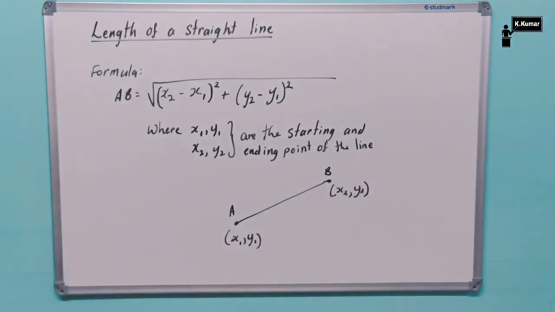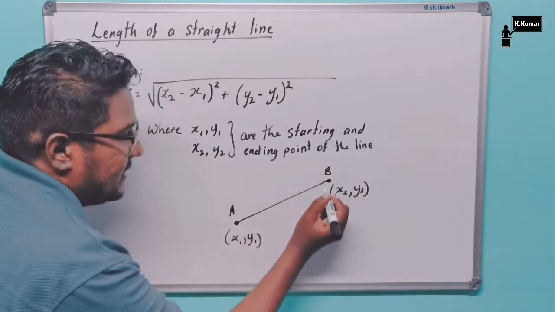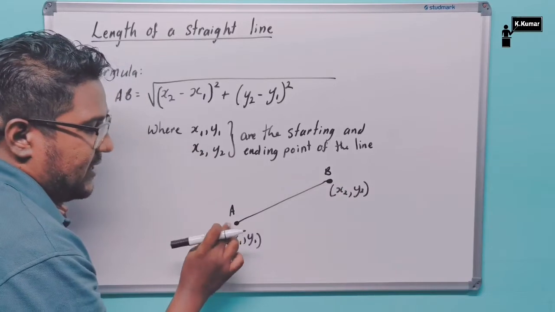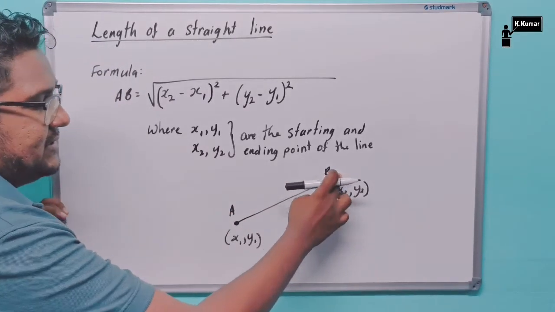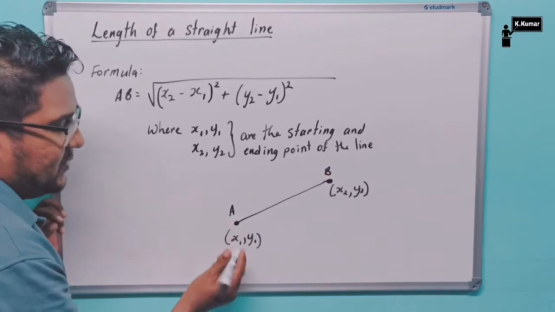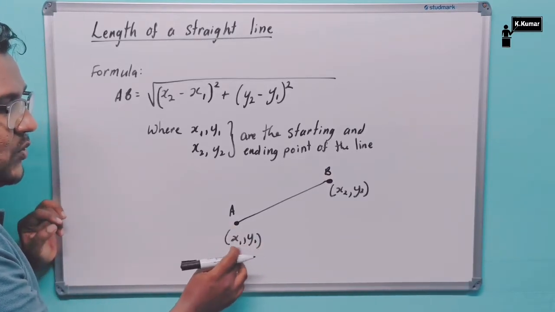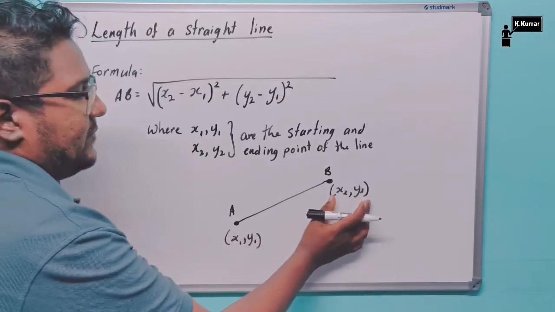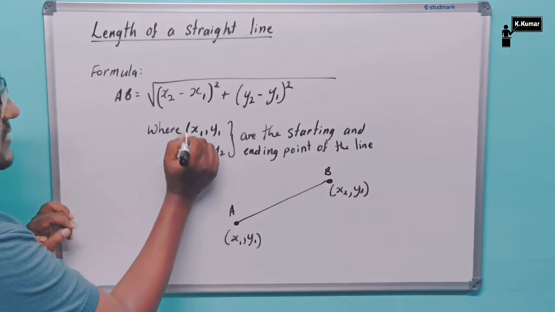If you're finding the length of a straight line, you have to use the 2 points at the ends. That would be the point where the line starts and the point where the line ends. Our starting point is x1, y1 because this point carries 2 coordinates, and our end point is x2, y2 because this point also carries 2 coordinates.